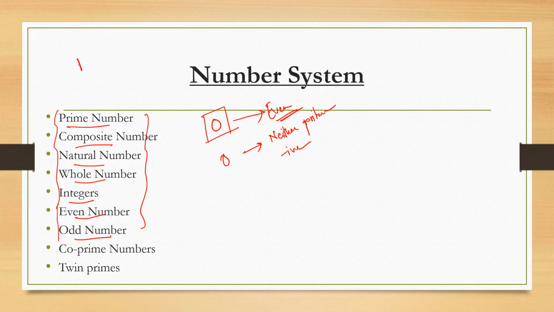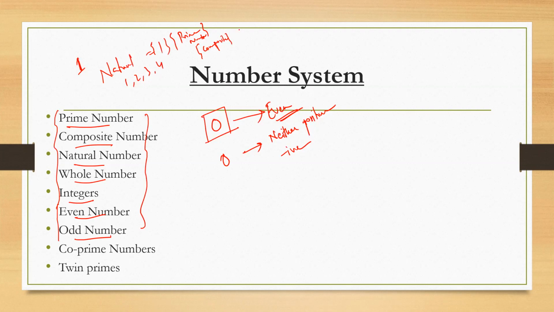When we talk about natural numbers, that is 1, 2, 3, 4, 5, we basically talk about what? One, and then you have what? Prime numbers, and you also have composite numbers.